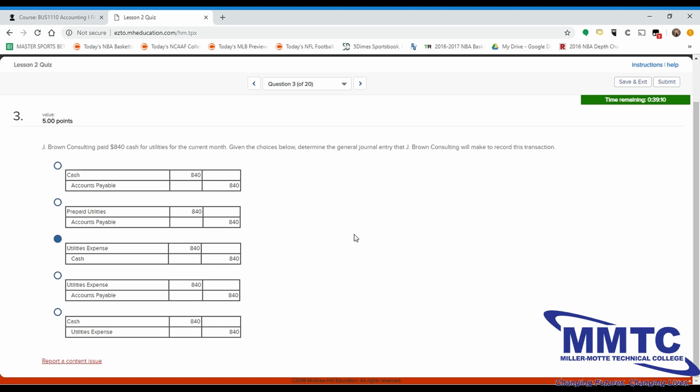So if we pay something and we keep track of what we paid, it's rising. Let's just say at the end of the year we had paid $840 10 times, that expense account will have $8,400. So we're gonna credit cash and we're gonna debit the expense account.